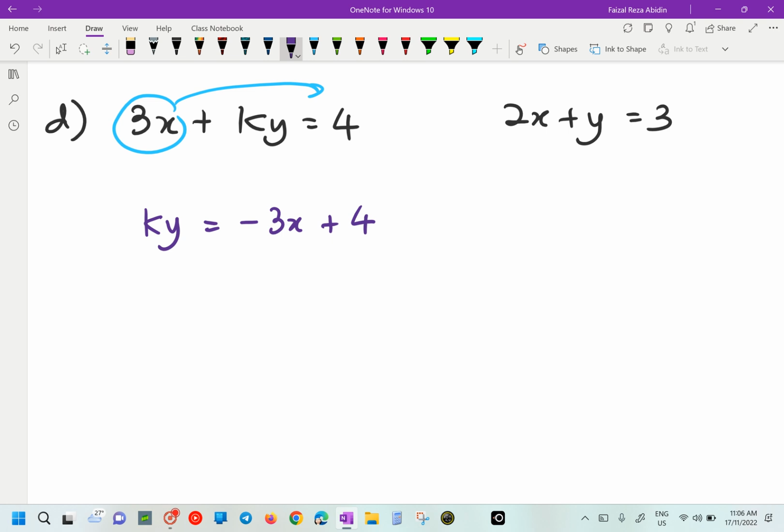So what must I do? Divide by k, yes, because we are going to make sure that our y there is only y. Okay, k finish. This one just leave it like that. So you are going to get y equals negative 3 over k x plus 4 over k. So where is your m1?